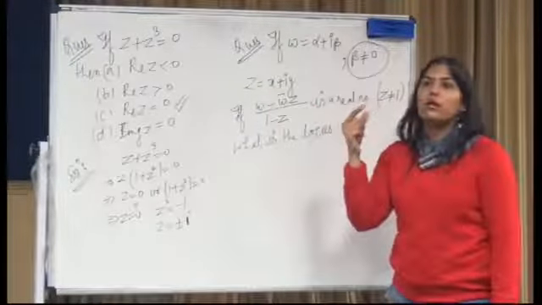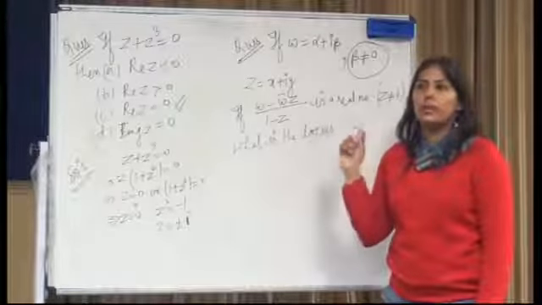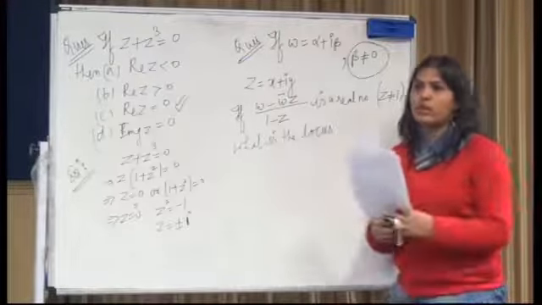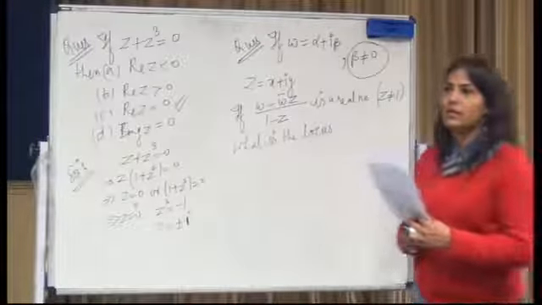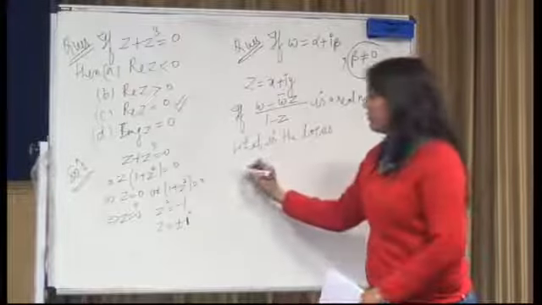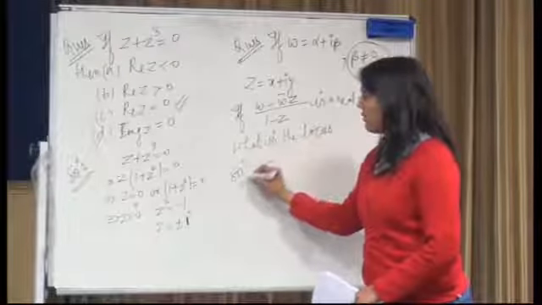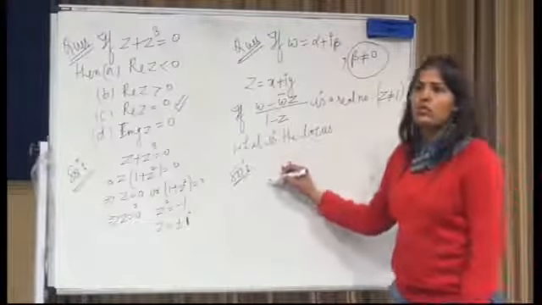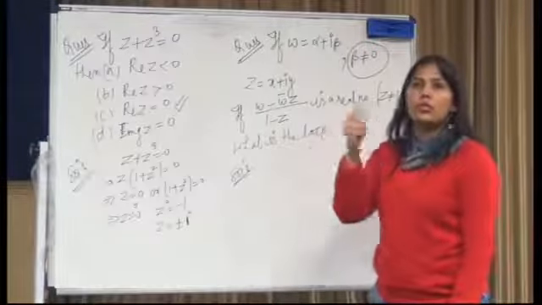So to come to the locus, which property do I apply? Real number, just see the property. If we have a completely real number, then imaginary part is 0, then Z is equal to, no, Z is equal to Z bar.